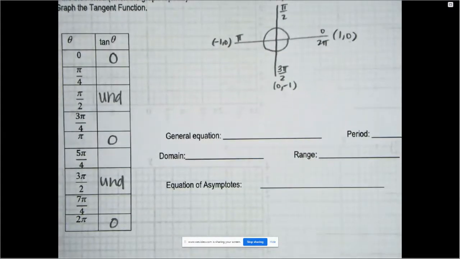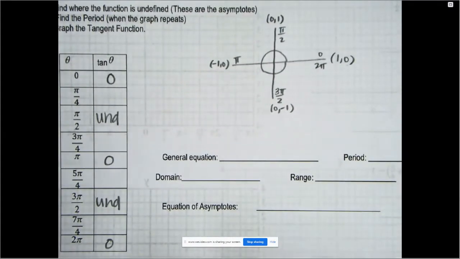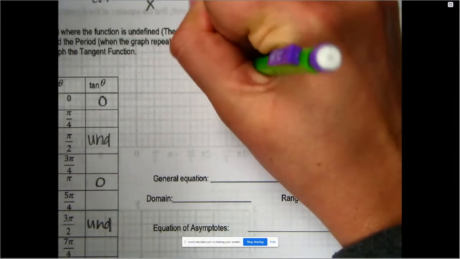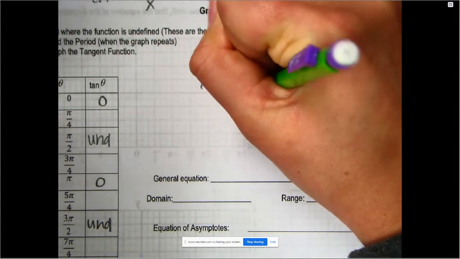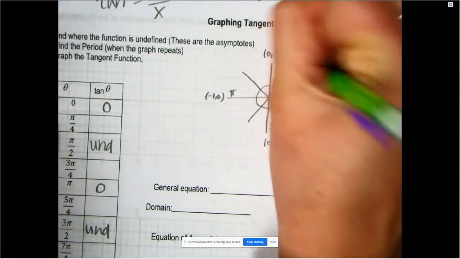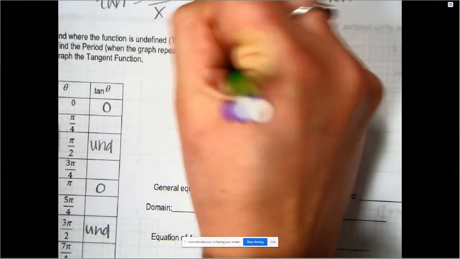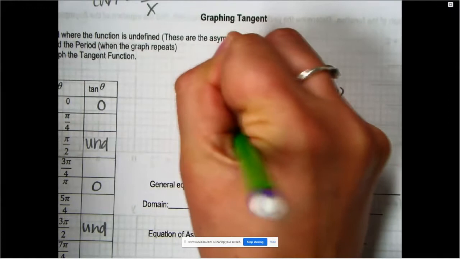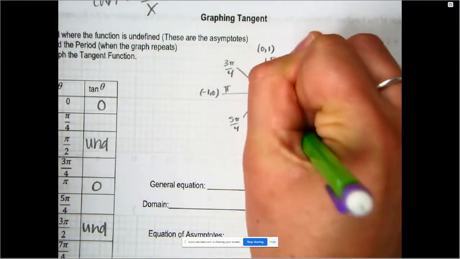Okay, so now let's go back through and do the ones that are over 4. Those are all located in the middle of each quadrant. So we have pi over 4, 3 pi over 4, 5 pi over 4, and 7 pi over 4.